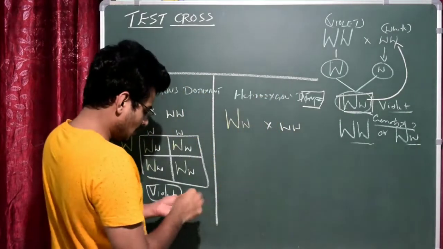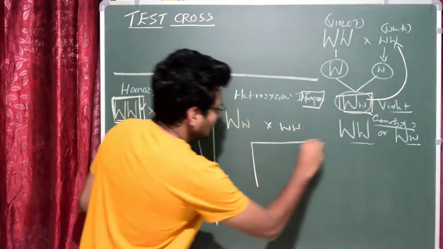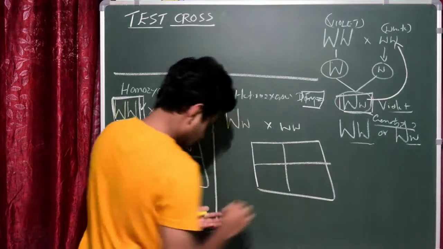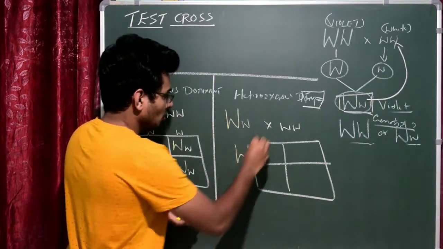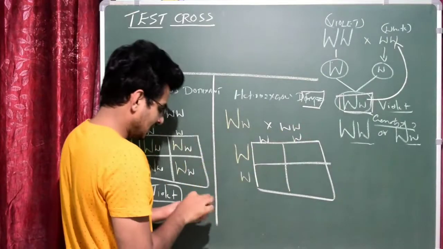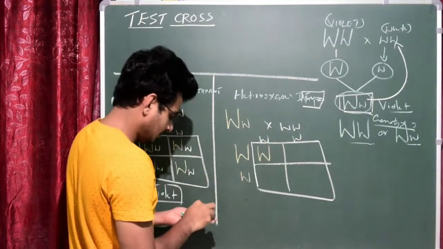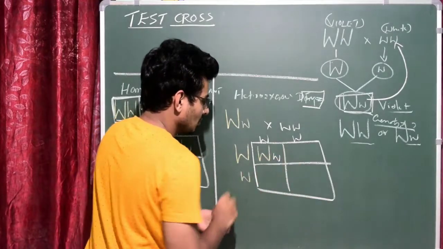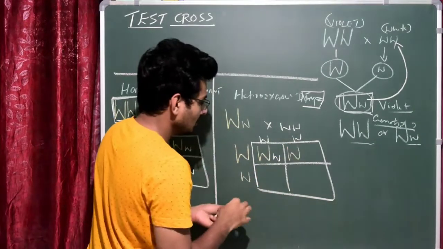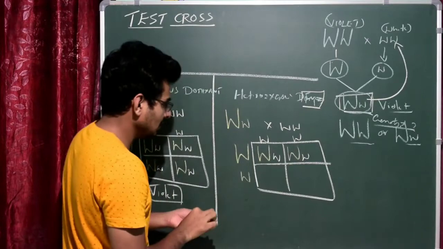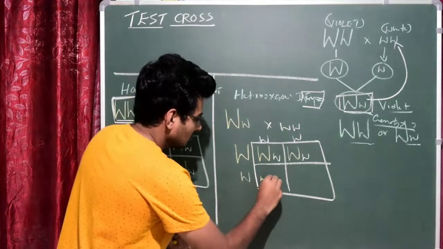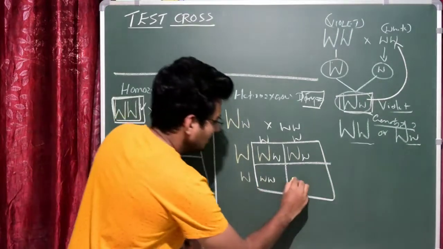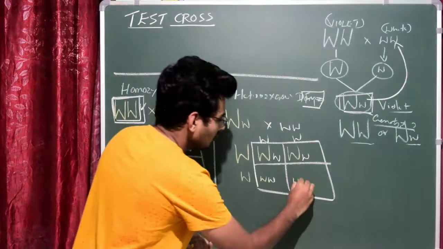Again I'll do the same thing, very simple. Capital W and small w on one side, small w and small w on the other, and the cross gives W and small w. Here we have got small w and small w, and we have small w, again small w.